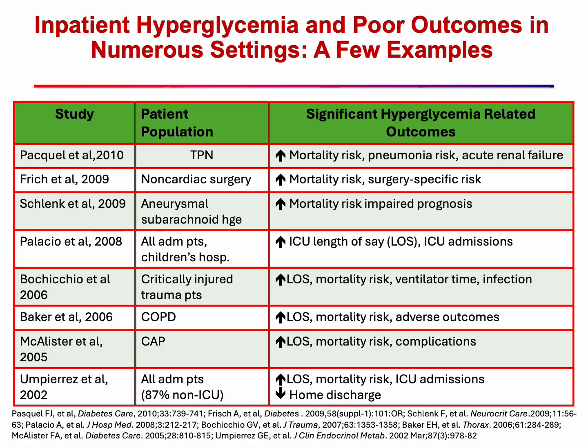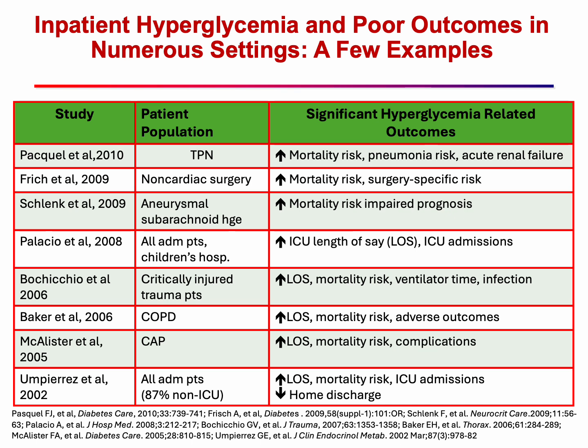Now, the impact of hyperglycemia. We know that in-hospital hyperglycemia is common. The question now is, should you care about it? Numerous studies show that we should, because in-hospital hyperglycemia adversely affects hospital outcomes compared to patients with normoglycemia.